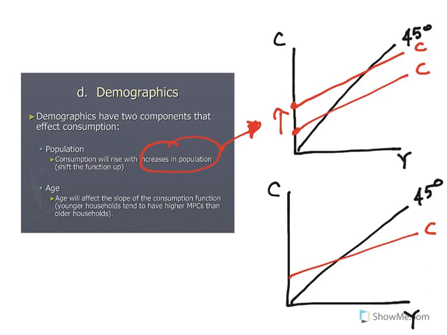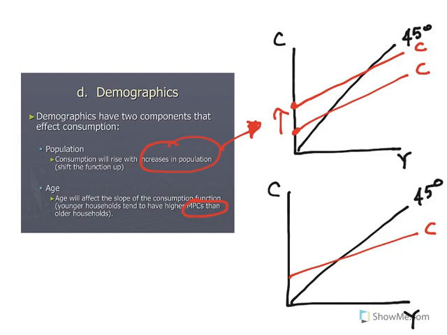In other words, they have what we call a higher marginal propensity to consume. So do younger households. People that are really young also tend to have really high marginal propensities to consume. And remember what that means: if there's a change in income, your MPC tells you how much of that additional income you're going to spend and how much of it you're going to save.